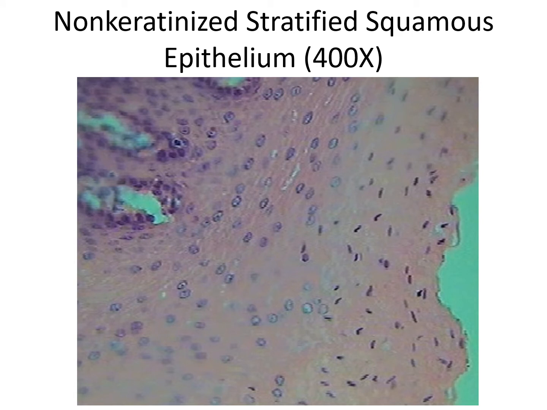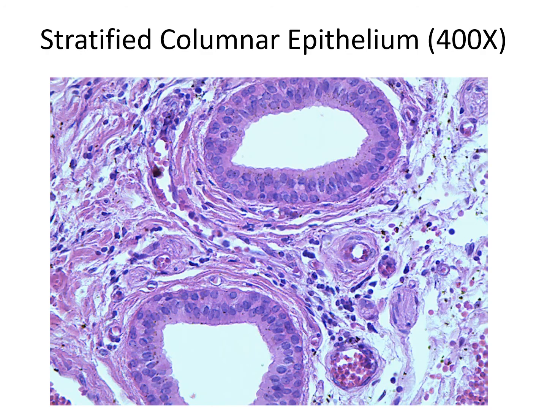Okay, so this is our non-keratinized stratified squamous epithelium. Next slide is stratified columnar epithelium. As I said in our previous lecture, this is very rare epithelium, but where would we find it?